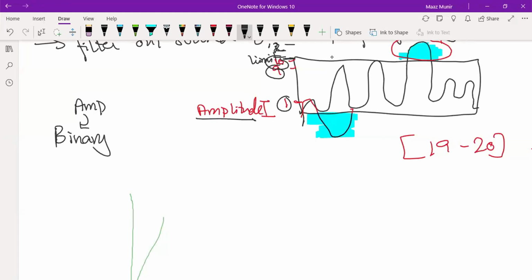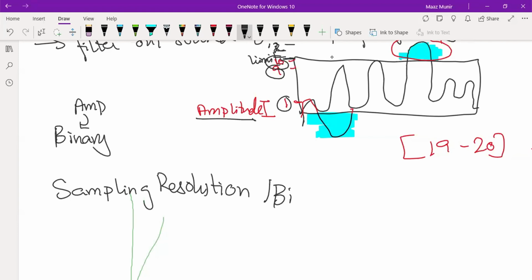So, one other thing, now we are going to be discussing some very important terms which you guys need to memorize and are there in your course. Number one, sampling resolution, or the bit depth.